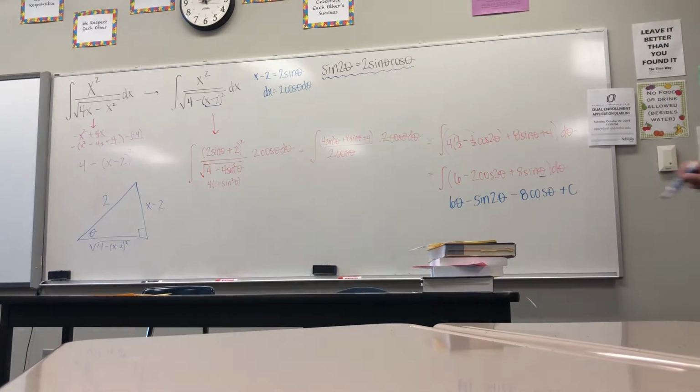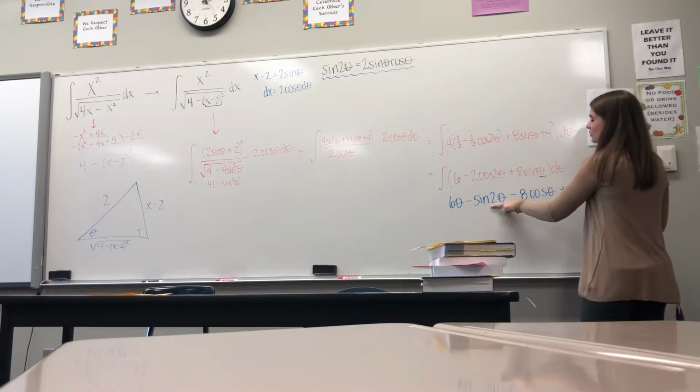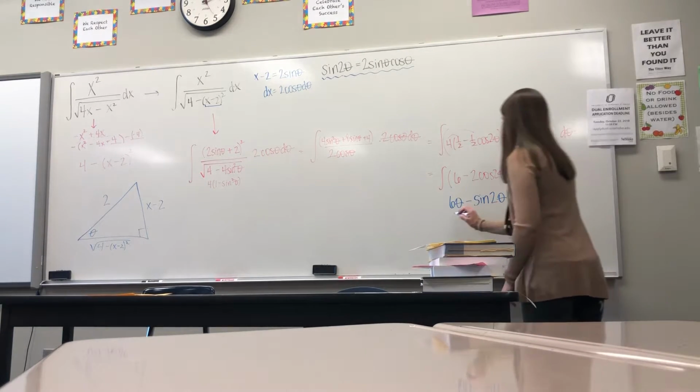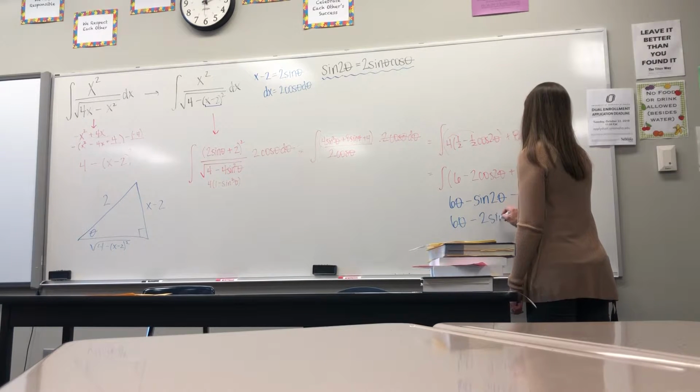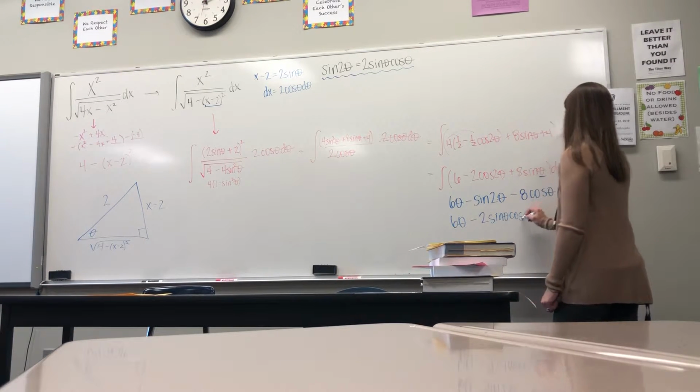But before we can go back to our triangle, we need to have an angle of theta. So the sine of 2 theta needs to become 2 sine theta cosine theta.